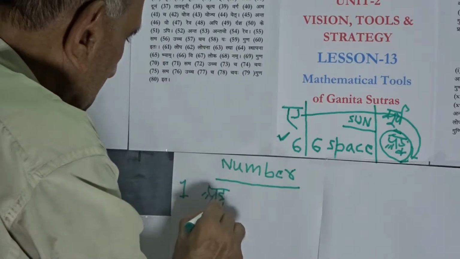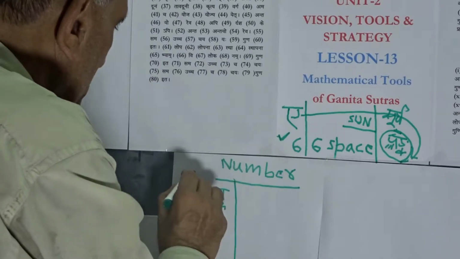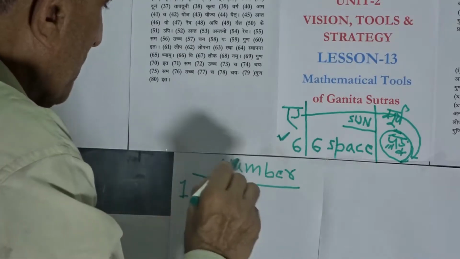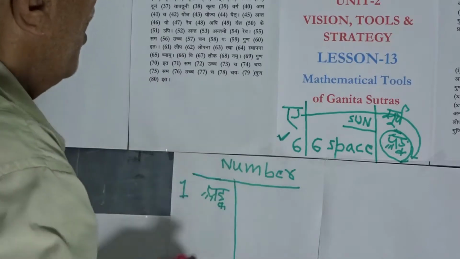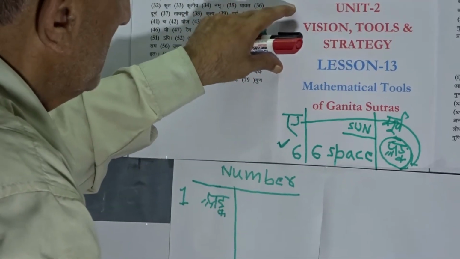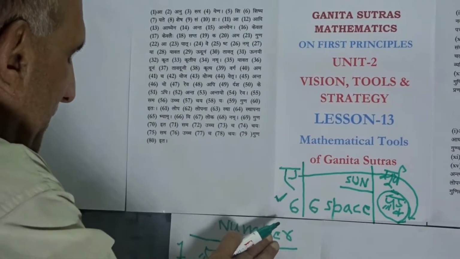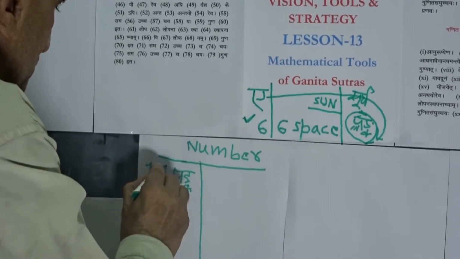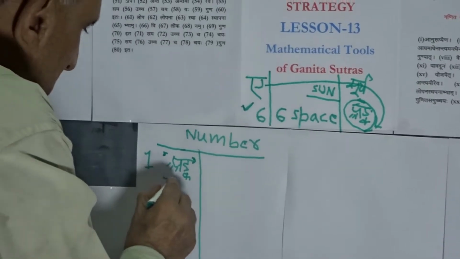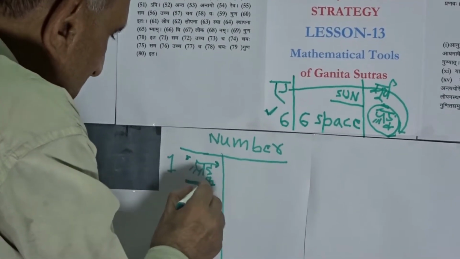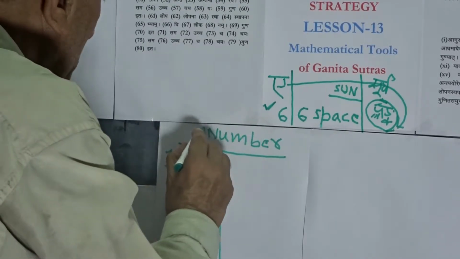Therefore, let us make a tabulation in our Vedic mathematics referencer, in which we shall mention that the first category of tools, mathematical tools of the mathematics of Ganita Sutras, is the number Ank itself, the formulation Ank, and this Ank itself will be taken as a tool. So numbers are being taken as tools. So number as such is being taken as a tool.